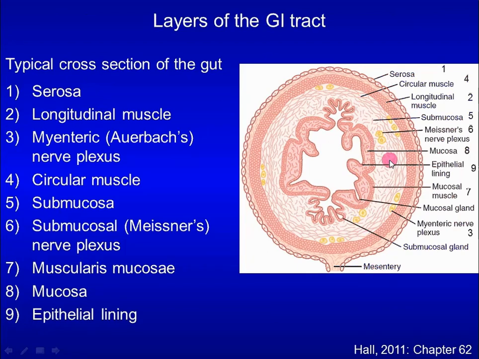Then submucosa, and then mucosa. In addition, mucosal muscles, sparse bundles of smooth muscle fiber, lie in the deep layers of the mucosa.